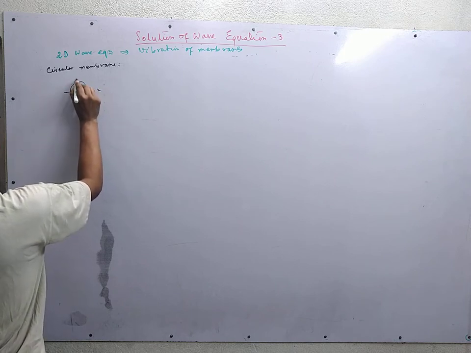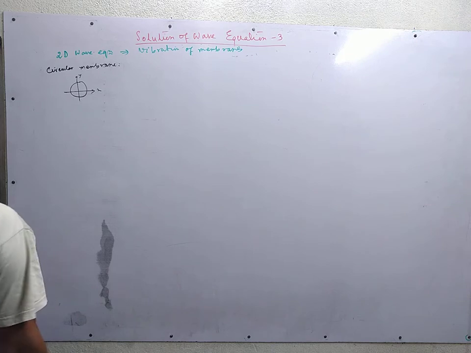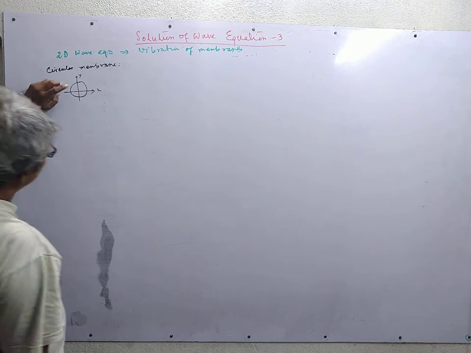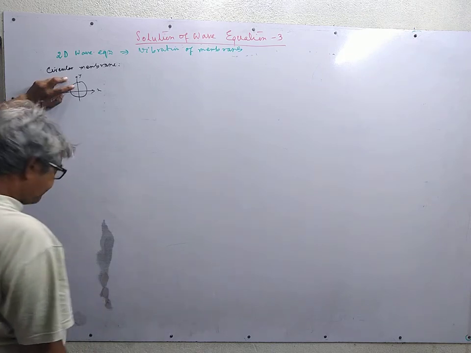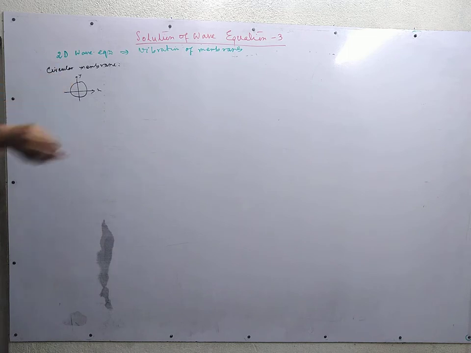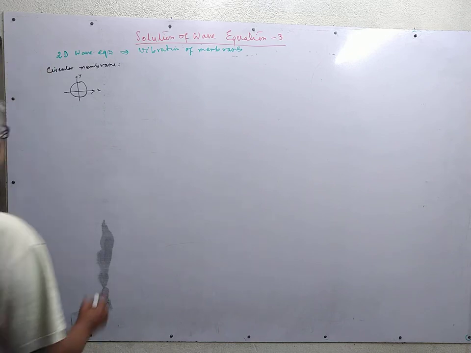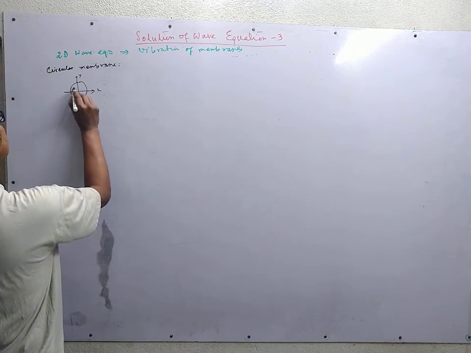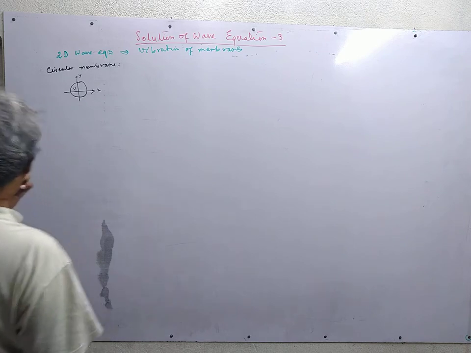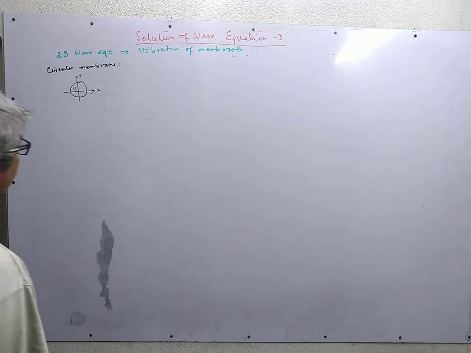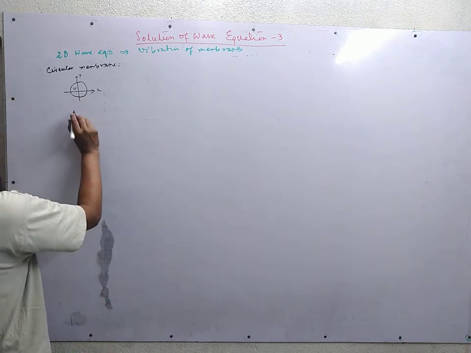This is a membrane in the xy plane, and we choose the coordinate system so that the membrane lies in the xy plane, and the center of the membrane is the origin of the coordinate system. The transverse vibration is governed by the Helmholtz equation.